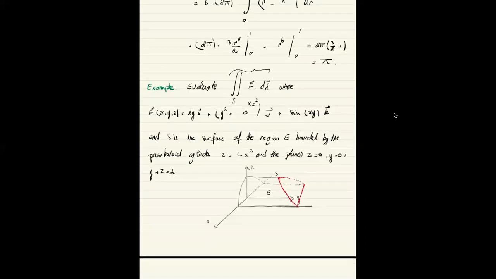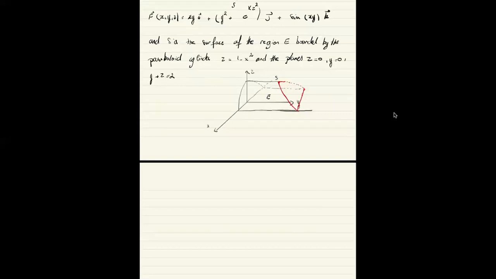So remember the quiz, you have to do it on each part: on the lid, on the bottom side, on the cylinder. This is a different kind of cylinder, but it's the same concept. And then you have to do it on each side. So it's going to take you a really long time.